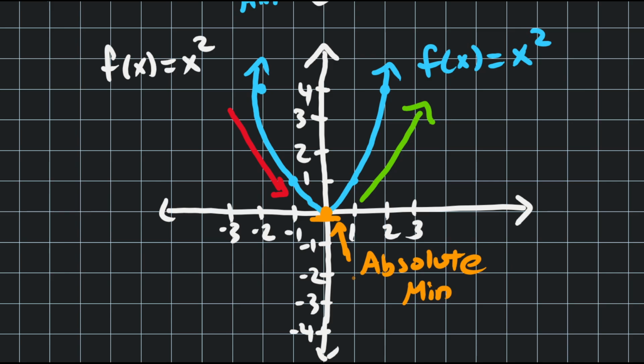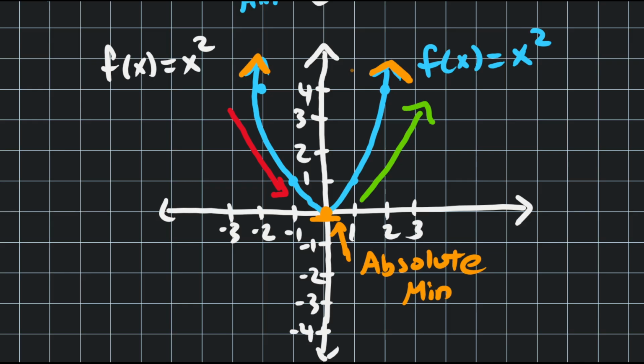And as you can see, there's no local maximum and no absolute maximum on this parabola. The reason there's no absolute maximum is that if you look at these arrows right here, this graph doesn't have a highest point. This graph goes to infinity in both directions, to positive infinity.